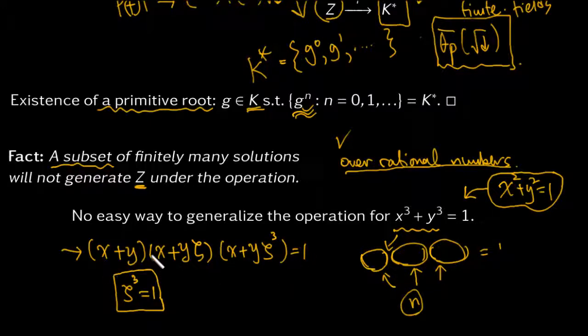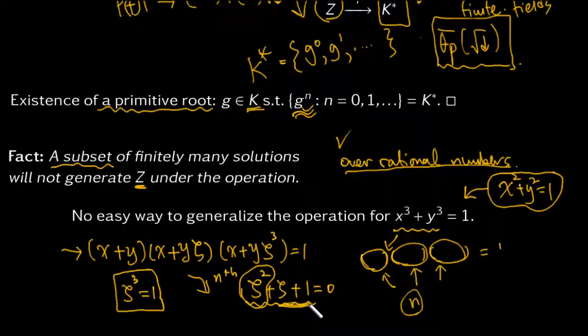If we use the same technique, for example, to raise to the nth power, then because zeta actually satisfies a smaller degree equation, namely this one. This is the so-called minimal polynomial for the primitive third root of unity. Because of that, all the squares can be written in terms of zeta.